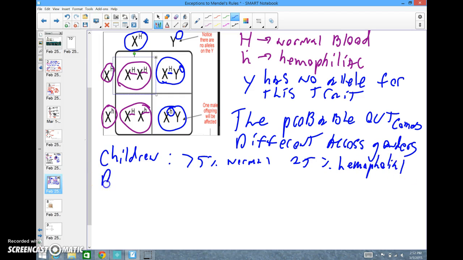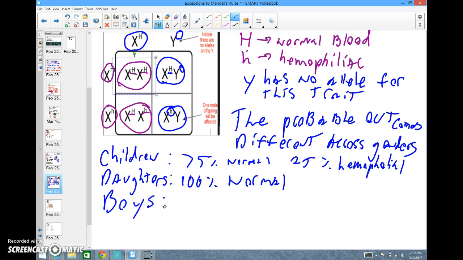If I was asking you about this couple's daughters, I would tell you that 100% are normal. And if I was telling you about this couple's boys, I would have to tell you that only 50% are normal. And that's a key here when it comes to sex-linked traits, is you have to really think about all of these factors. What is being asked? What are you learning about? Okay? So we just have a couple of other exceptions.